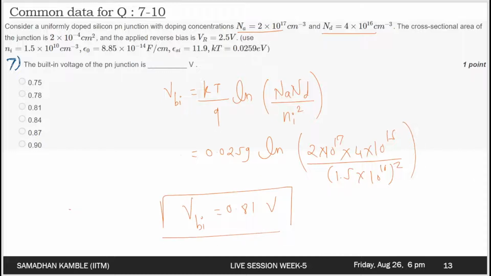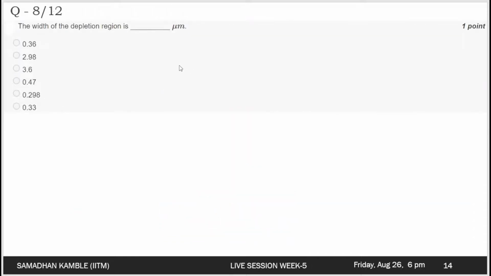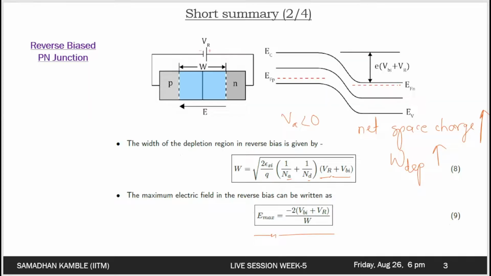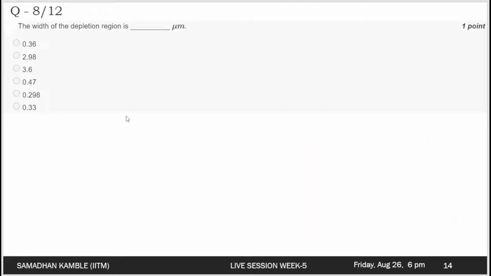Let us go to question number 8 based on this data. Here they have asked the width of the depletion region in micrometers. If you go to the recap slides, the width of the depletion region is given by this particular formula. So we can just use this formula straightforward and calculate the depletion width.